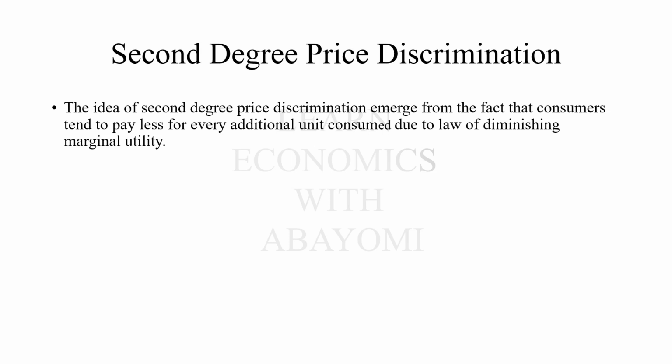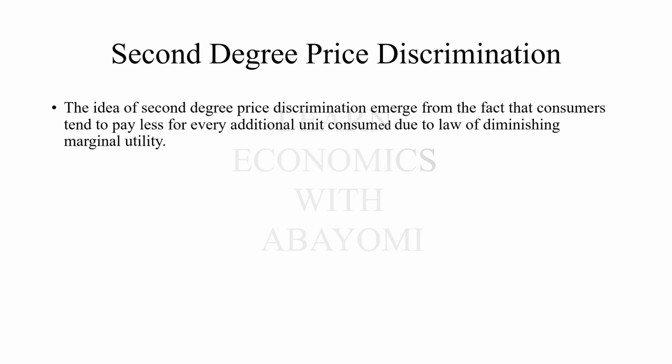Now, I feel this second degree price discrimination actually counters the first degree, because the idea of the first degree is that the monopolist tries to identify the demand of each individual and rip off their surplus.